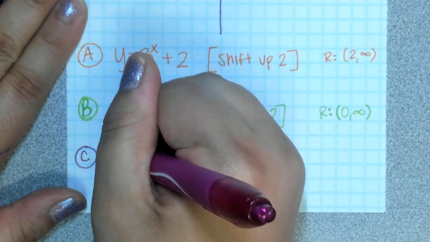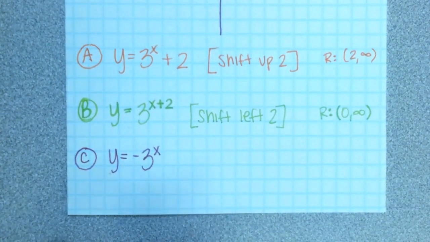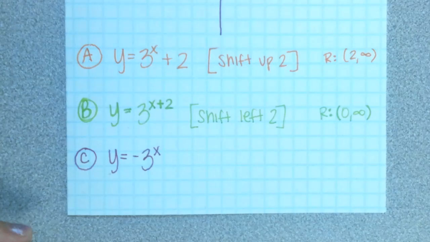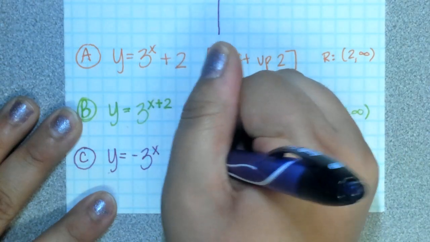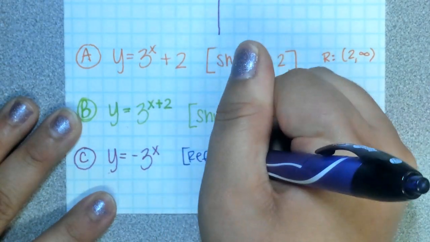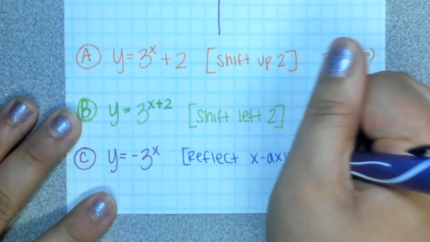ABC is y equals negative 3 to the x. What is negative 3 to the x going to do? It is going to reflect over the what? X-axis.